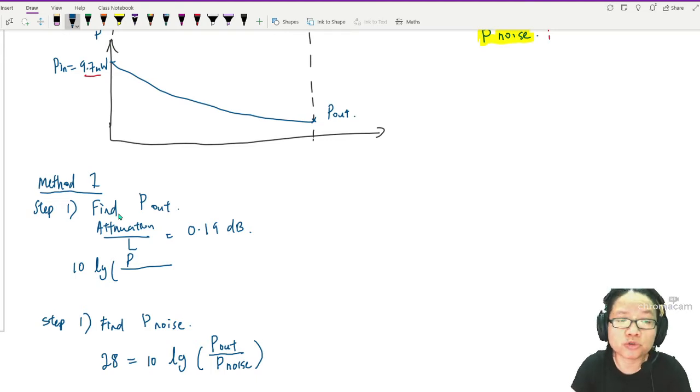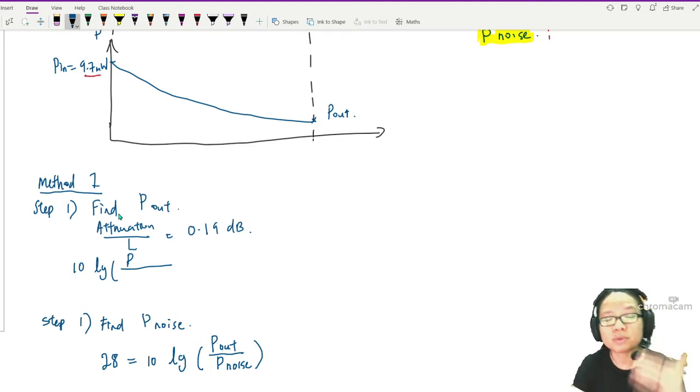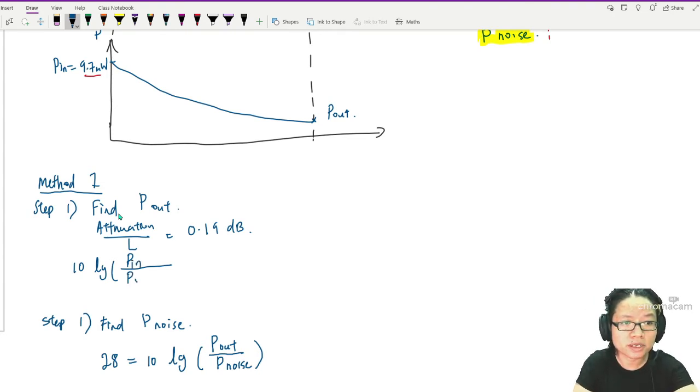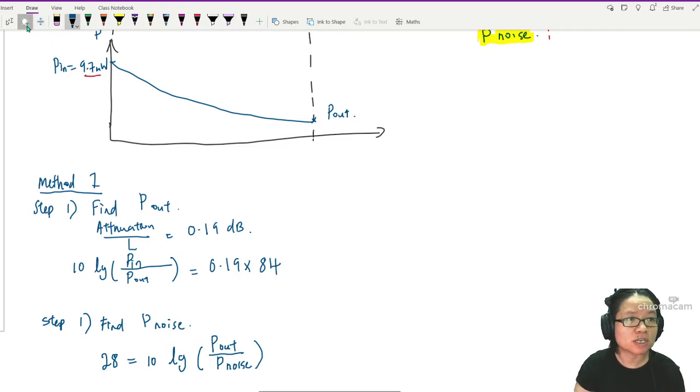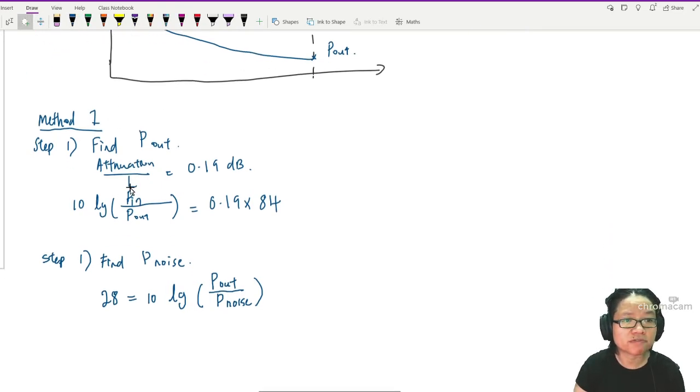If this is going to be positive, meaning we'll take the bigger number, which is P in, divided by the smaller number, which is P out. So this would be 0.19 for 1 km, but it travels 84 km, so multiply by L. Bring the L up to multiply. This is 84 km. So obviously we can use this to help us find our P out.